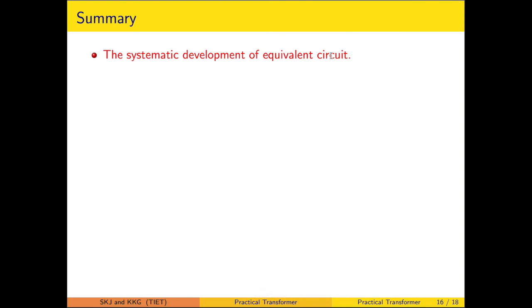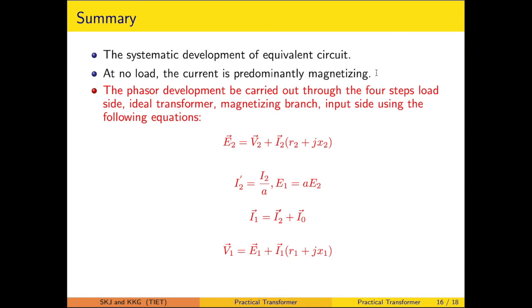So as a summary, we have gone through the systematic development of the equivalent circuit. The effect of no load has been analyzed, but the point is that the no load current is predominantly magnetizing. Now the phasor development has to be carried out through the four steps listed in a sequential manner: the load side development, the ideal transformer stage, accounting the effect of no load magnetizing current, and then going for the input side.